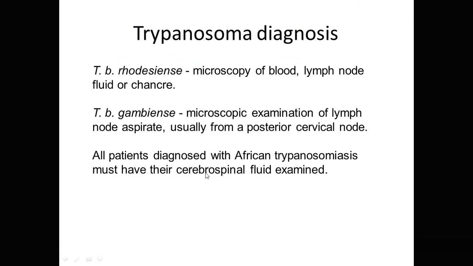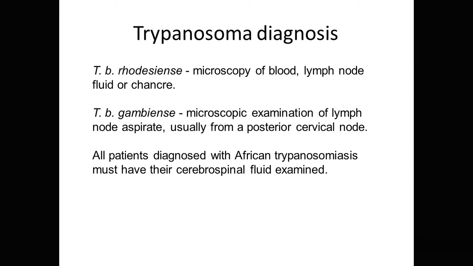And diagnosis is done based on microscopy of the blood, lymph nodes, or chancre, while gambiense is found in lymph nodes.